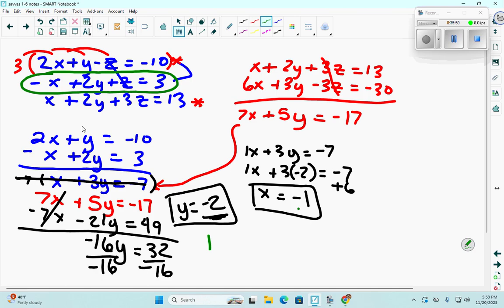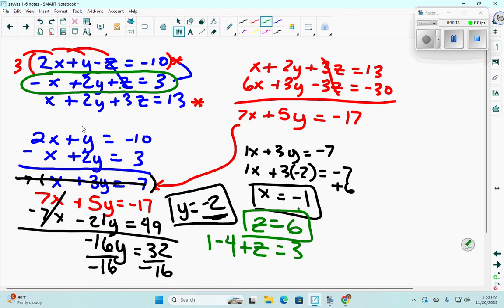Well, my y is a -2, so 2 times a -2 would make it a -4. Okay, and then I have plus z, because that's what I'm solving for, is the z equals 3. Okay, so solving it down, 1 minus 4 would give you a -3. When I add 3 to the other side, that would mean my z is equal to 6. Okay, and then we are done.